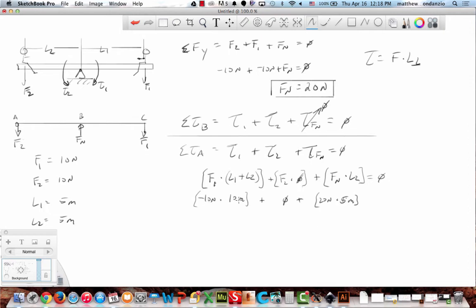Negative 10 newtons times 10 meters is negative 100 newton meters, plus 0, plus 20 newtons times 5 meters, which is 100 newton meters. And therefore, it does in fact still equal 0. So I've proven to you that no matter what point you take it around, it will always still equal 0.